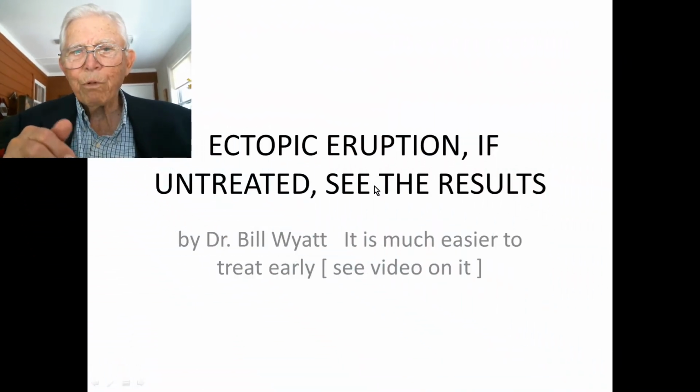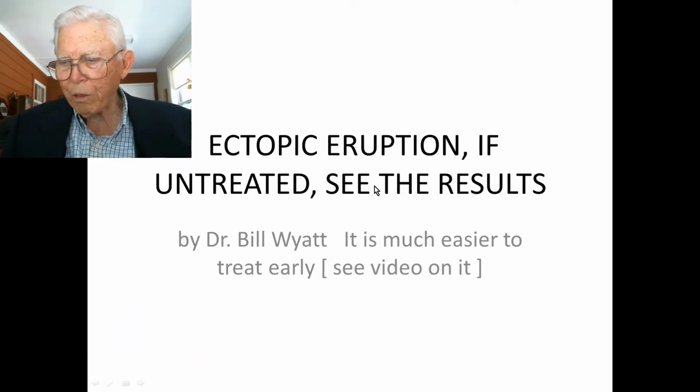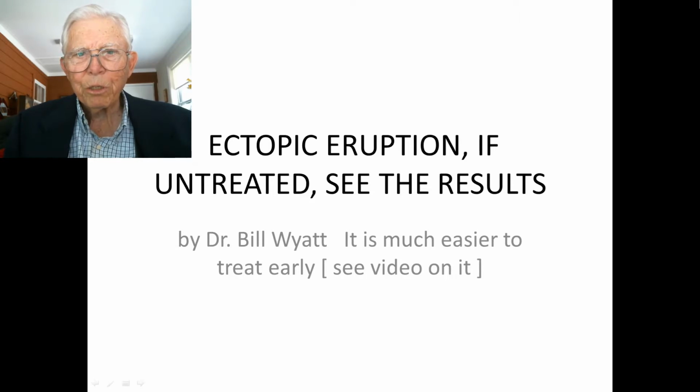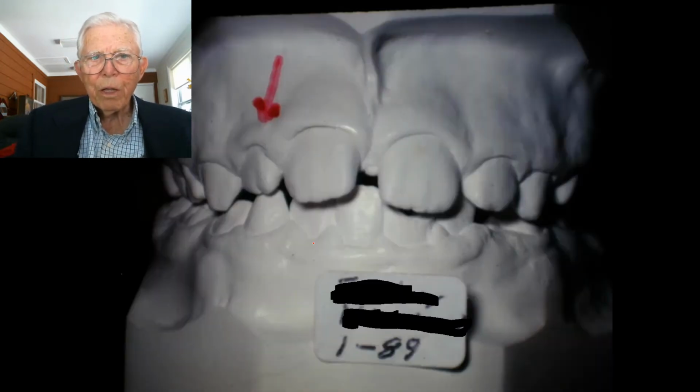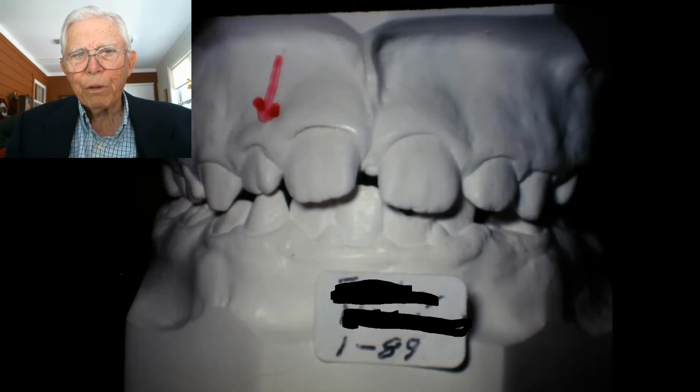So it was an unusual case here to catch it at this time, and I want to show you exactly what happens in this. Let's take a look at this young lady. Now, this ectopic erupting tooth was on the upper right side.